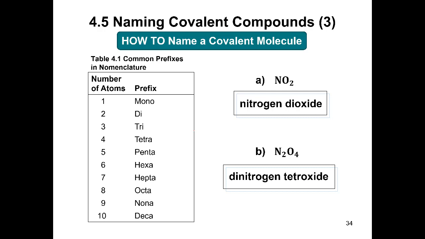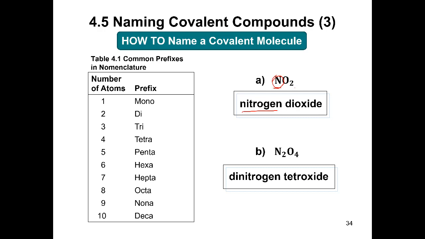All right, so in the case of NO2, we only have one nitrogen, and so when it's the first of the atoms, you do not put the prefix on there. So you don't say mono nitrogen, you just say nitrogen. It's kind of like we don't put the one as a subscript when we only have one in the formula. So it would just be nitrogen. And then since it's a covalent, how do we know it's covalent?